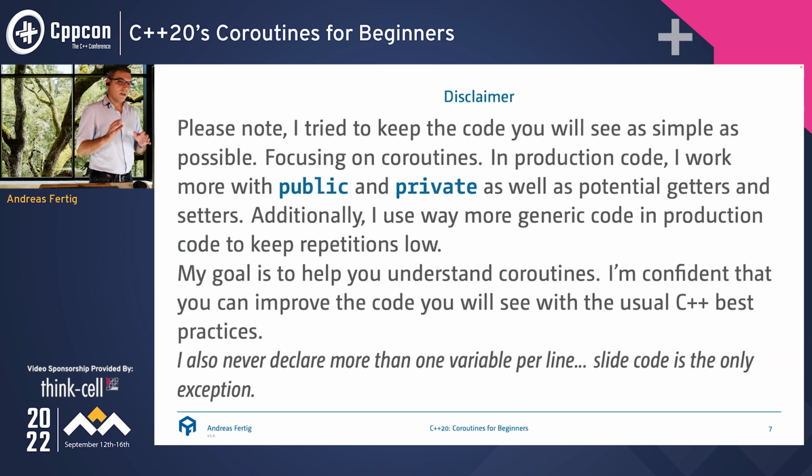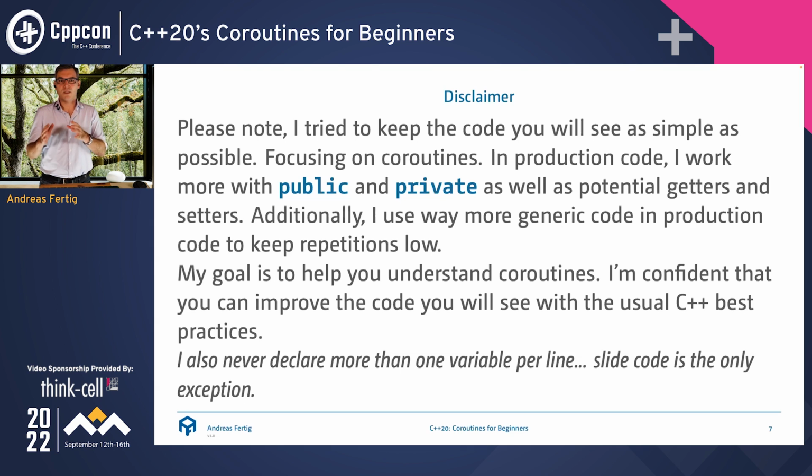One item here, a disclaimer, I thought I had to put it on a slide. So please note, I tried to keep the code you will see as simple as possible, focusing on coroutines only. In production code, I work with much more public-private as well as potential getters and setters. But I ran out of screen space real quick, and some of that may obfuscate the reading in the brief time we have here. In addition, I would use way more generic code in production.